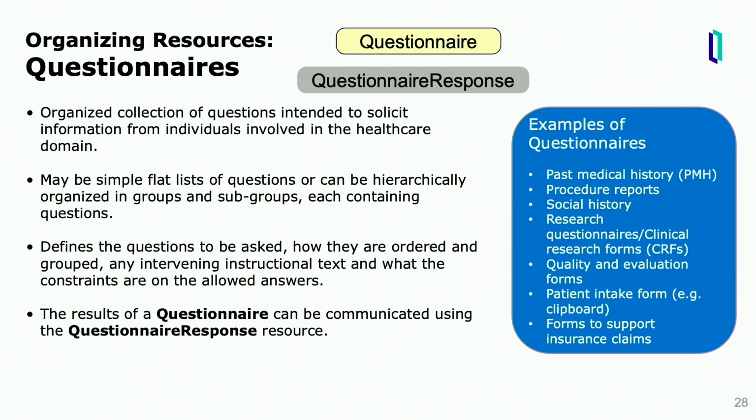The FHIR questionnaire resource has within it the capability of branching logic. So as you know on a questionnaire, it says if the answer to number 4 is no, then go to number 11. The FHIR questionnaire resource is capable of that kind of logical organization, and then it produces a FHIR questionnaire response for each individual that completes the questionnaire.